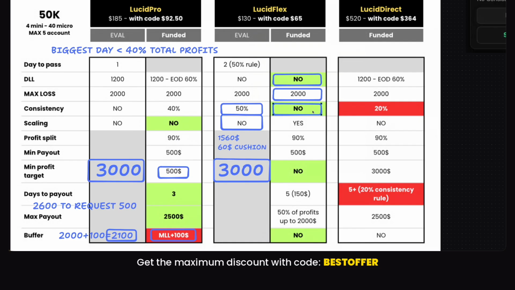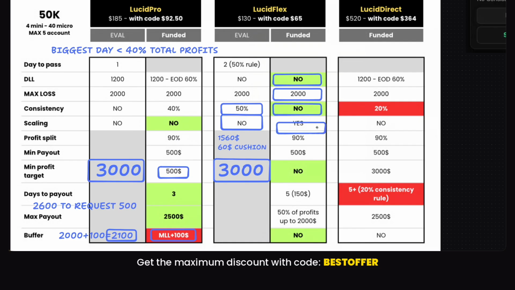Maybe you have a trend in your favor, so you let the trade run. You have a big day, and a lot of props will punish this. With the Lucid Flex, and this is the real deal, you do not have this problem anymore. So you can do a $1 million day, right? Without any kind of problem.